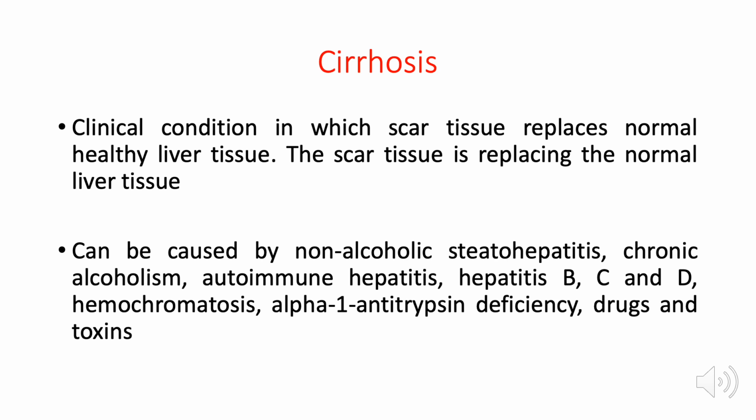It can also be because of viral hepatitis, particularly hepatitis B, C, and D. It can also be because of genetic disorders such as hemochromatosis, which is characterized by increased deposition of iron into the hepatocytes. And with that, these iron deposits can actually kill hepatocytes. And we also have another genetic disorder, alpha-1 antitrypsin deficiency, while some can be caused by hepatotoxic drugs and toxins.